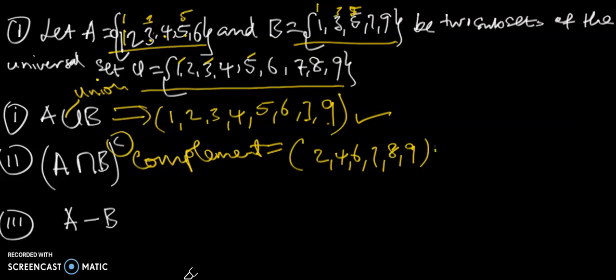And the last one here, we are to find A difference B. A difference B is simply the elements in A that are not in B. This will be 2, 4, and 6.